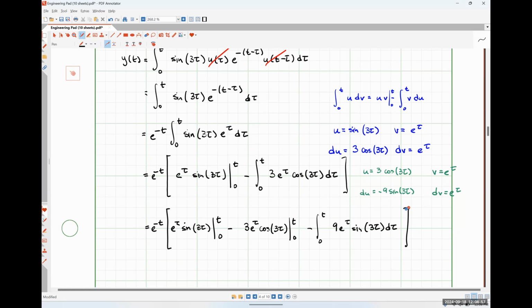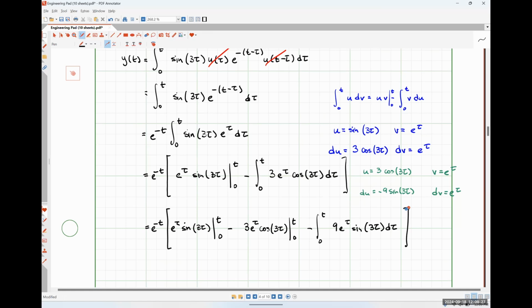So remember briefly here that the left-hand side of this is y of t, which we found to be this integral. So the left-hand side of this is equal to e to the negative t, integral from 0 to t of sine 3 tau e to the tau d tau.